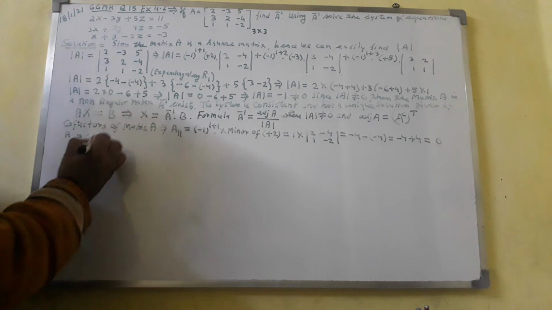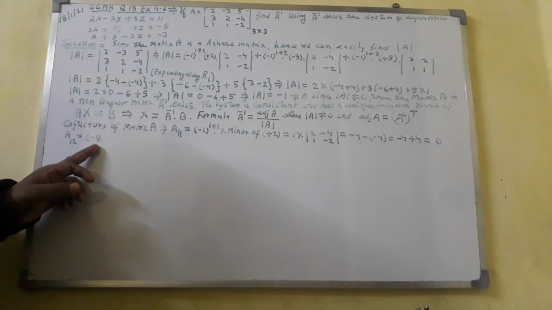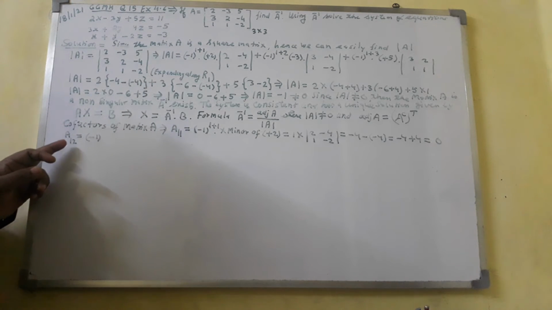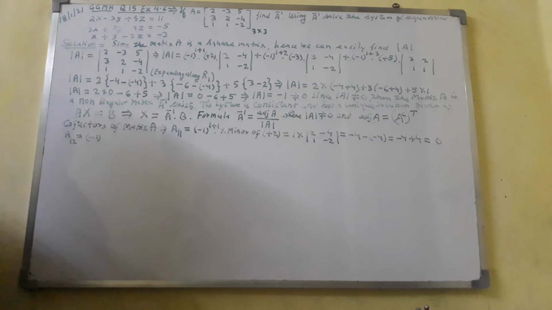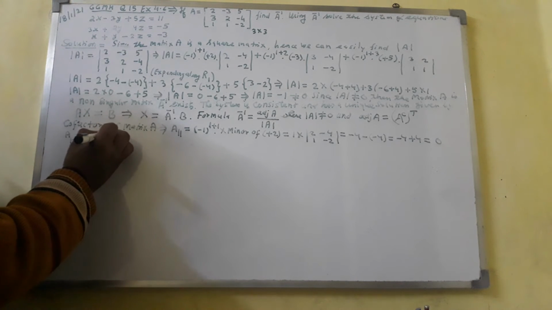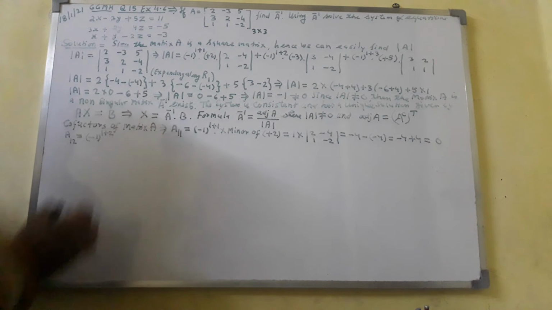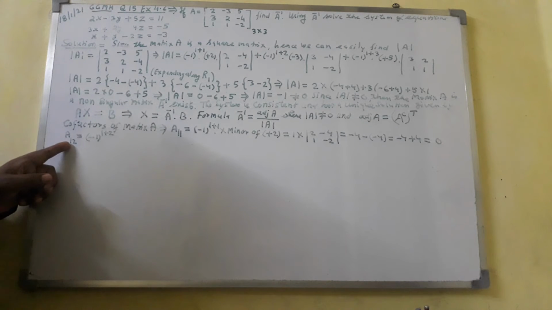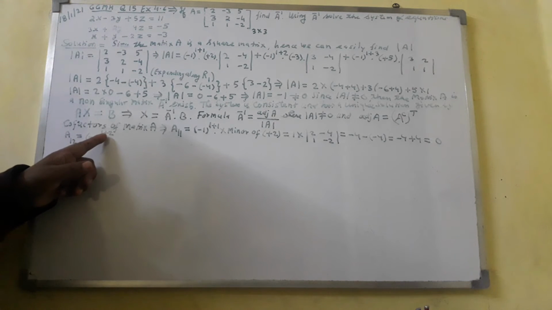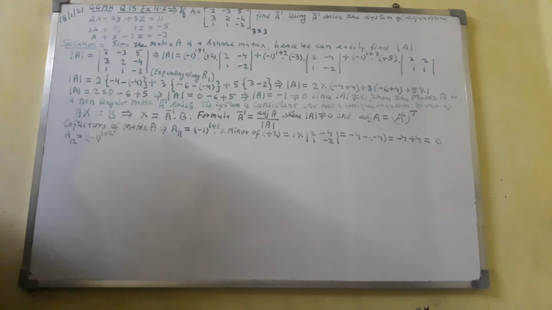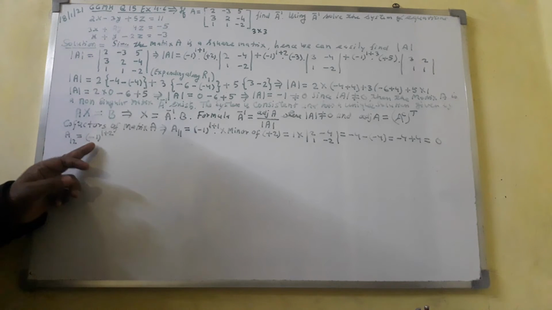So -3. So here write -1, which here is constant, raised to power 1 plus 2. So here write 1 plus 2. This one will be written here 1, and this 2 will be written here 2. In between a plus sign will be there. -1 here is constant.